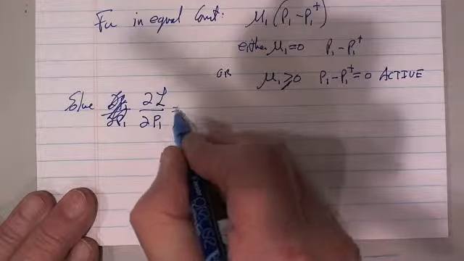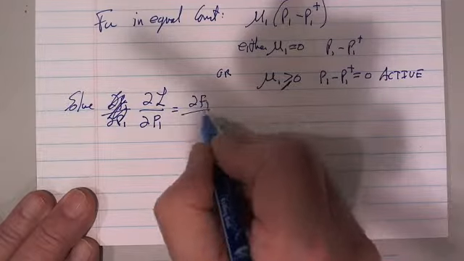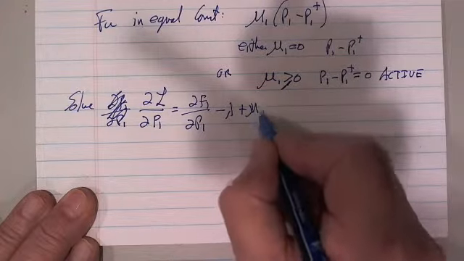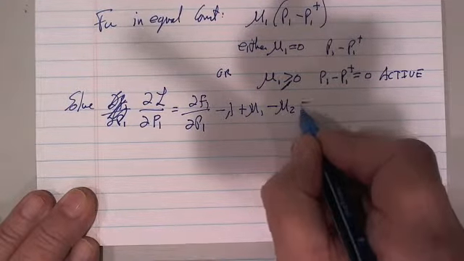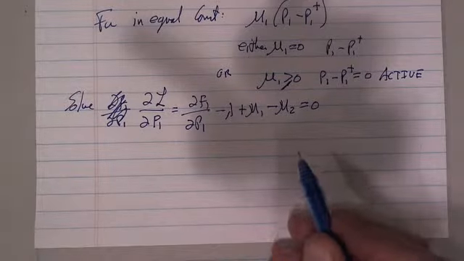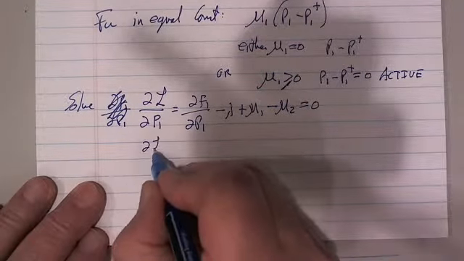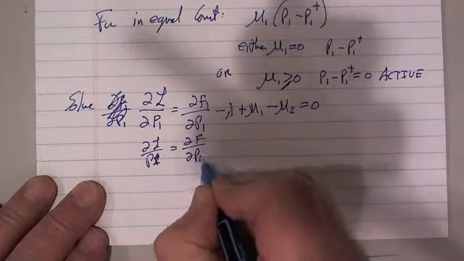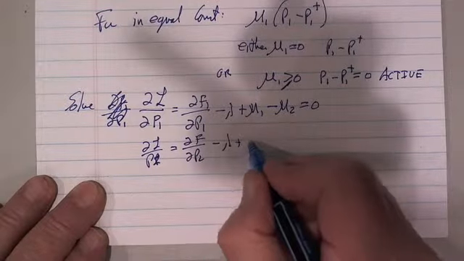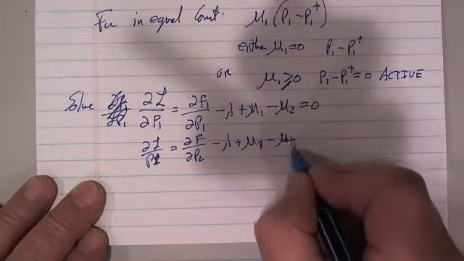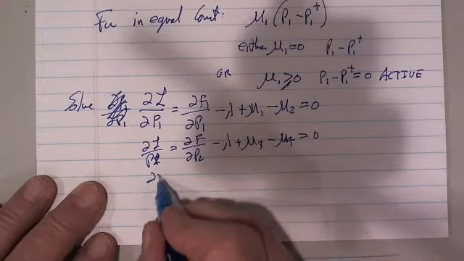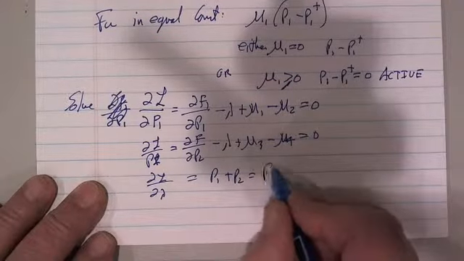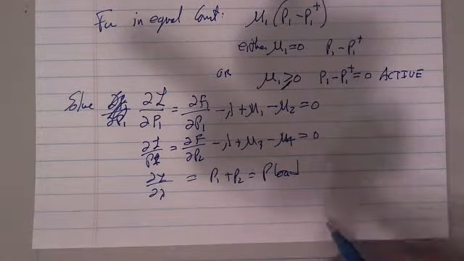So this now gives you dF1/dP1 minus lambda plus mu1 minus mu2 equals 0. dL/dP2 is dF2/dP2 minus lambda plus mu3 minus mu4 equals 0. And then dL/d lambda just gives us P1 plus P2 equals P load, which happens to be 50 megawatts.